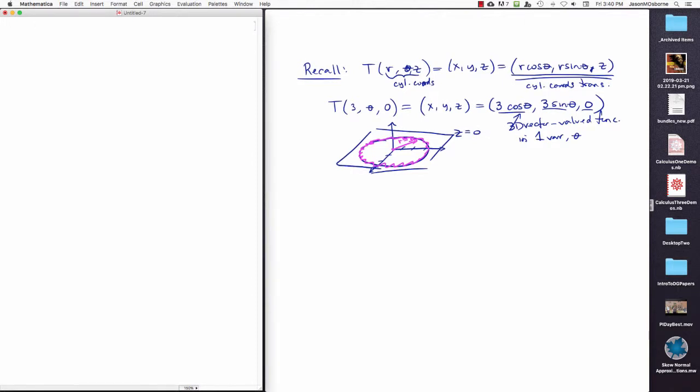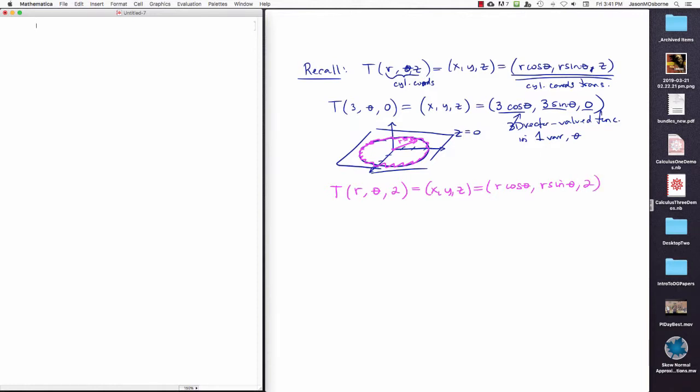But we can take a step back from that, and leave r and theta unspecified, and then set z equal to 2, for example. And now you're in xyz space, but what is it that we have? You have r cosine theta, r sine theta, and then z is equal to 2.